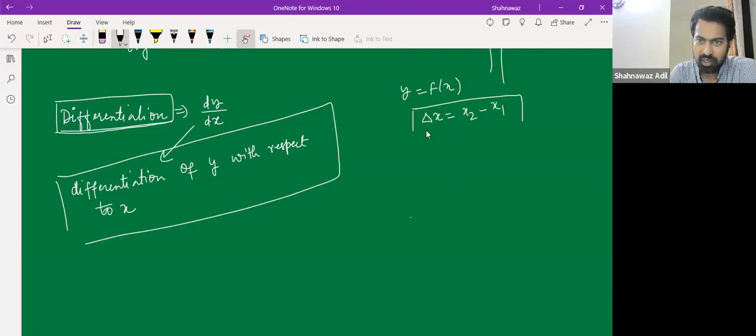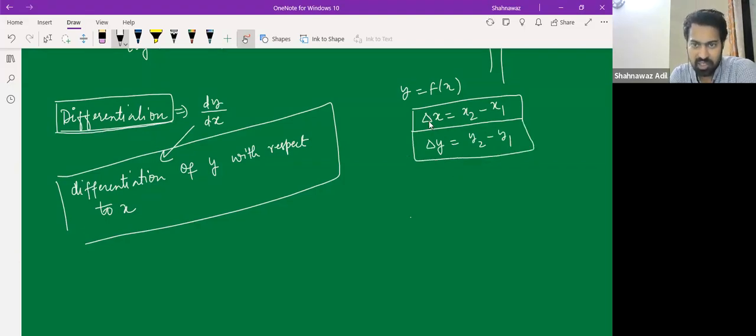Similarly, your y will change. So this will become y2 minus y1. If I change x, your y will also change. Let's say y equals f(x). This is f(x), and this is x.